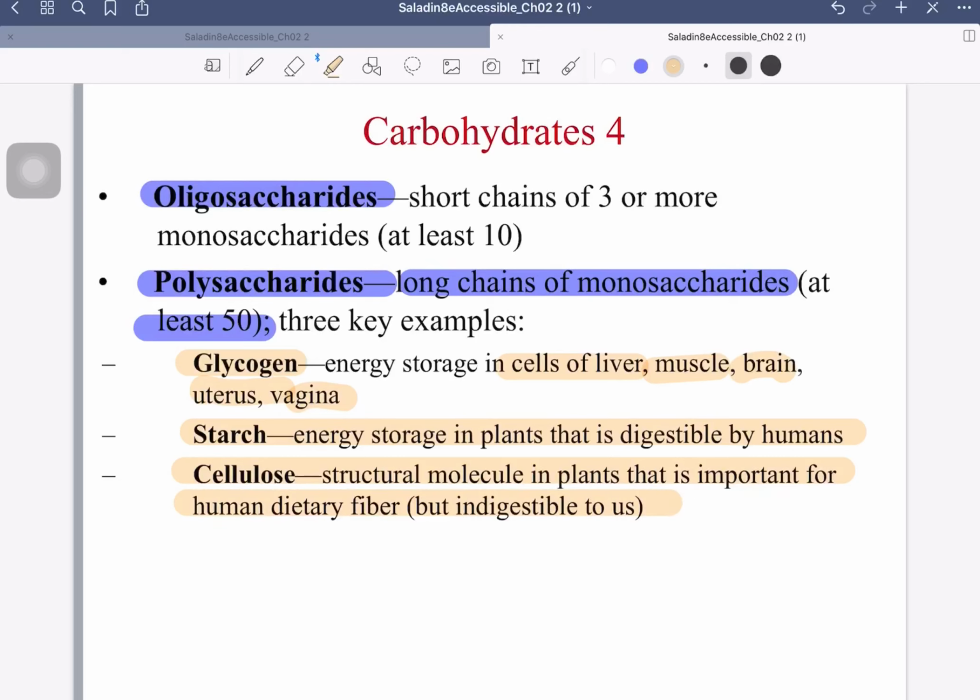So just a reminder, we have glycogen, which we can make and use; starch, which is made by plants, but we can use it because we have the enzymes; and then there's cellulose, which is made by plants, but we do not have the enzymes, so we cannot use it, and it really functions as basically a dietary fiber.